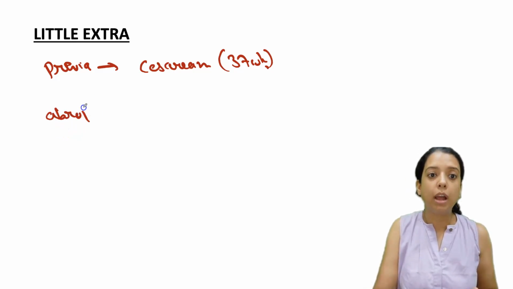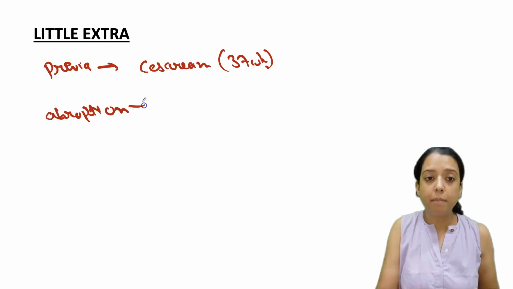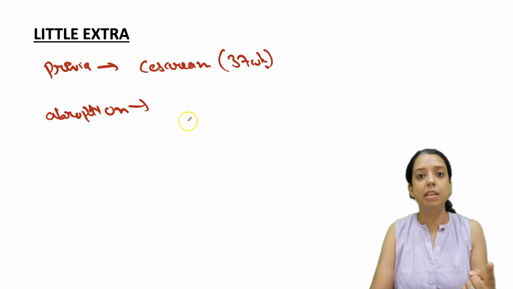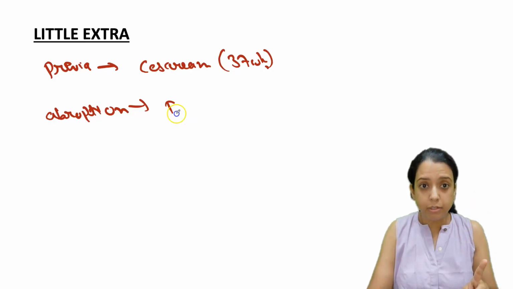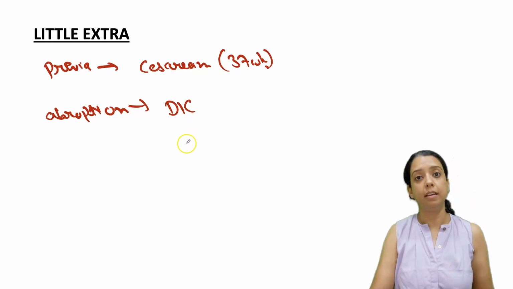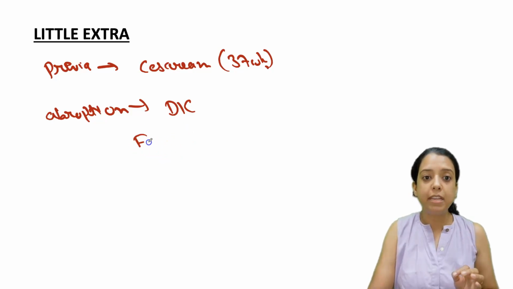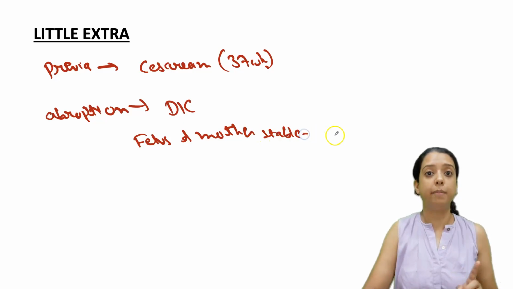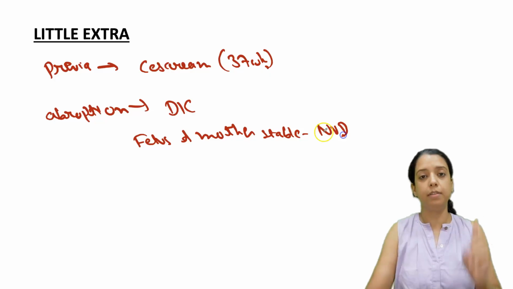Whereas if you talk about abruption, remember abruption is detachment of a normally situated placenta. In abruption, the patient is at high risk of DIC. If the fetus and mother are stable, the treatment for abruption is normal vaginal delivery.